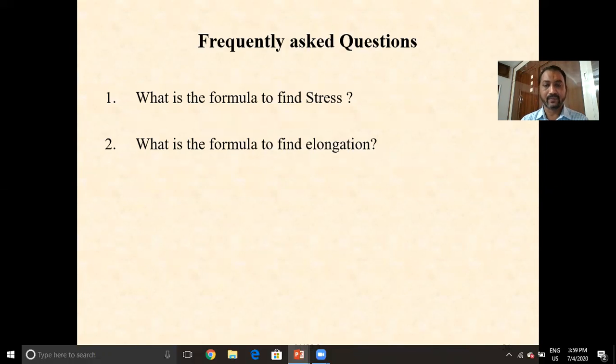The A can be found for the different geometrical shapes. And what is the formula to find the elongation? We know that delta L is equal to force into length by area into Young's modulus, that is PL by AE.